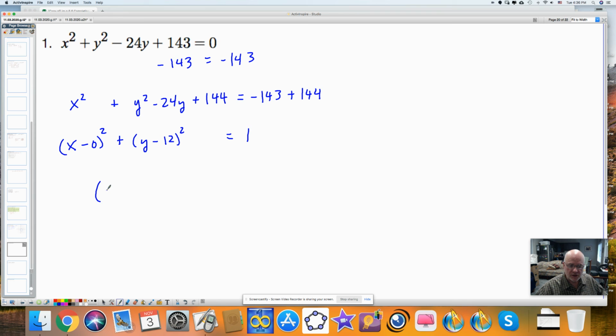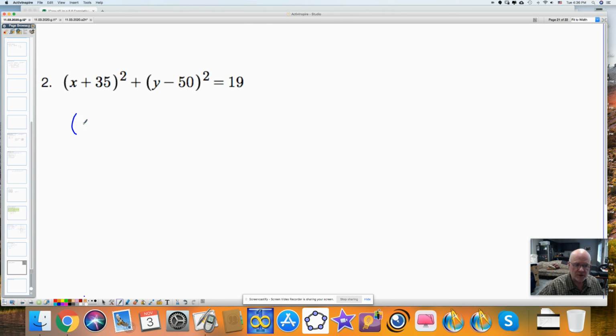My center is at 0, 12, and my radius is 1, because that's 1 squared. For this one, my center is at negative 35, 50, and my radius is equal to the square root of 19.